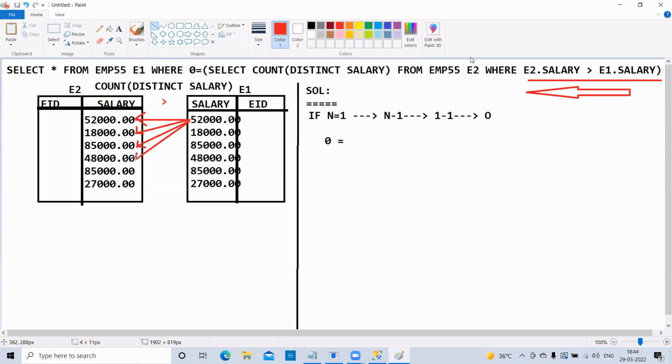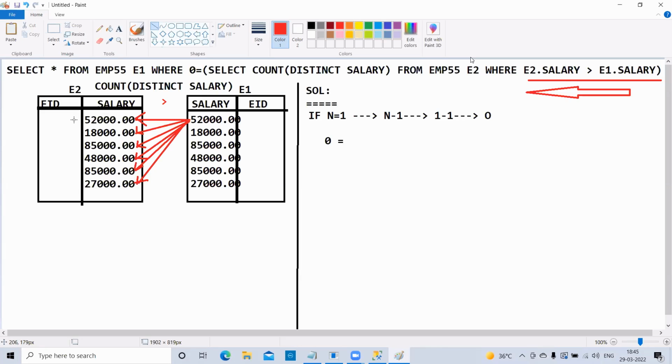Anybody guessing? 52,000 and above, how many salaries are there in my E2 alias table? Any guess, guys? How many are there? Let me see.